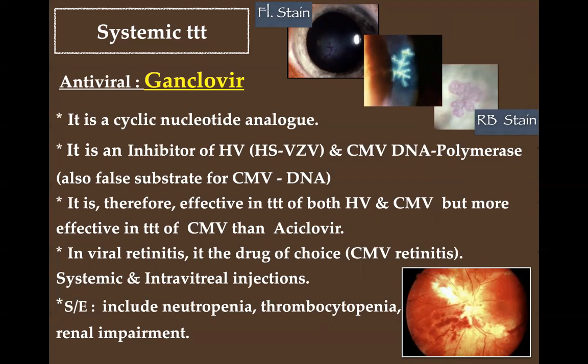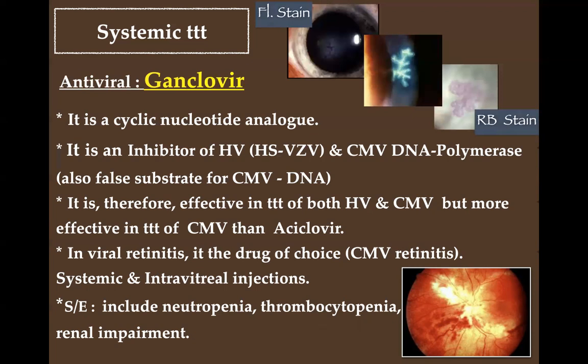So it's used as the drug of choice in viral retinitis, which is usually caused by the cytomegalovirus. Systemic, intravenous, and intravitreal injections as well. Side effects: neutropenia, thrombocytopenia, and renal impairment.